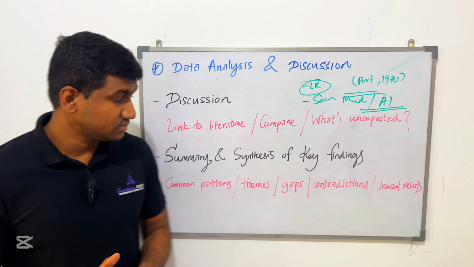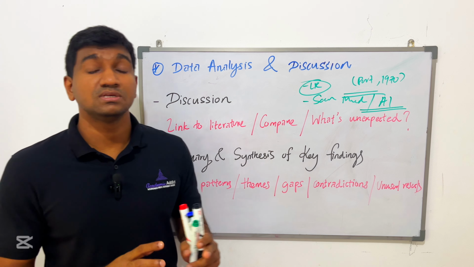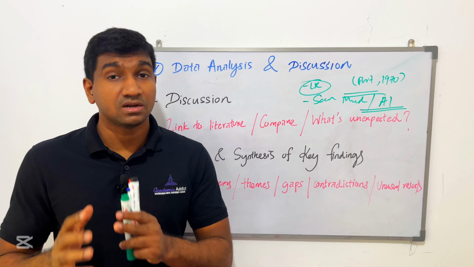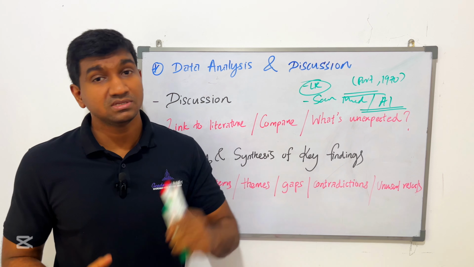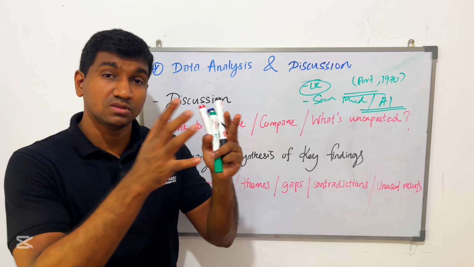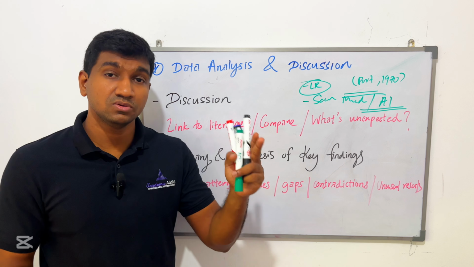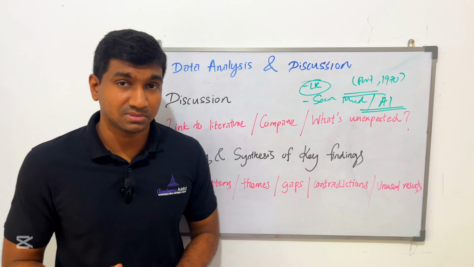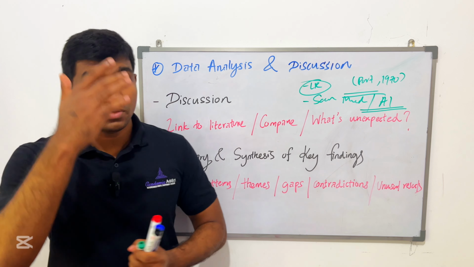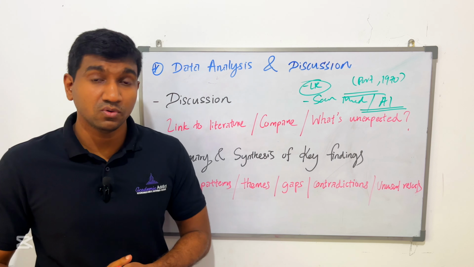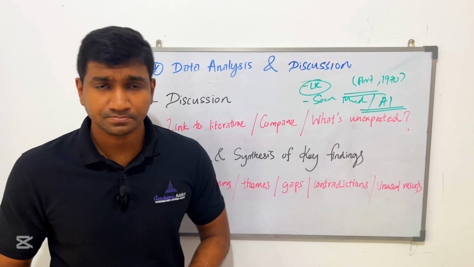Comparing and everything is very important because this chapter should also have a rationale from previous chapters. This is not a very new chapter. This is also part of the final project where you have to refer to the literature and everything that you have already completed in previous chapters. So everything has a flow and connection to each and every chapter. So make sure that flow is maintained properly.